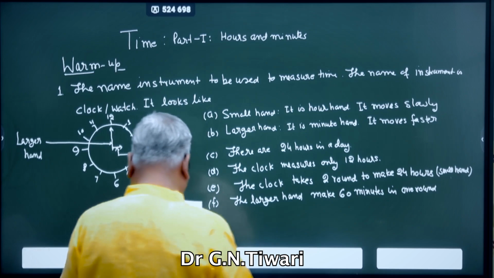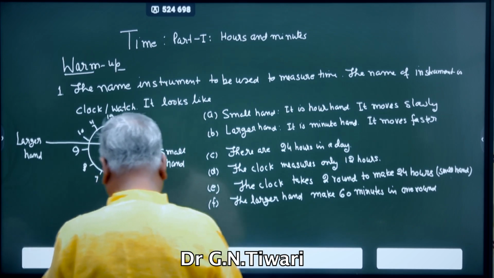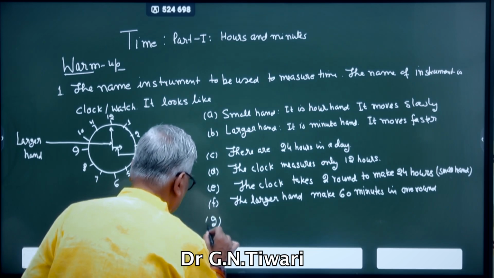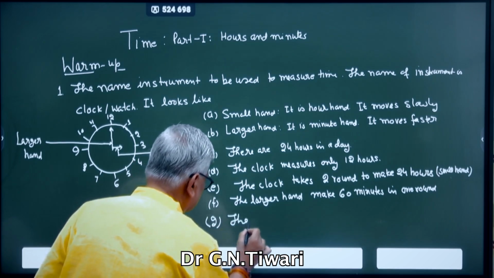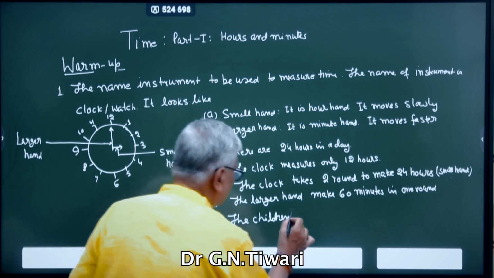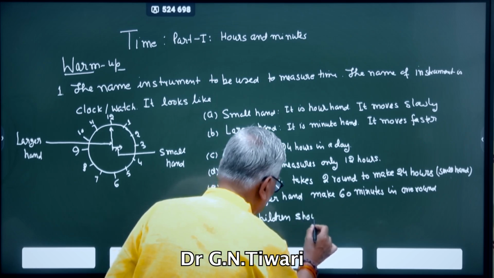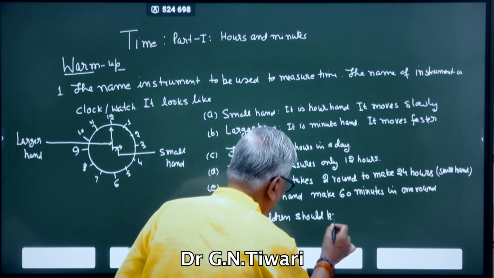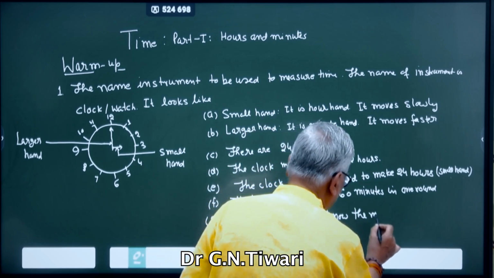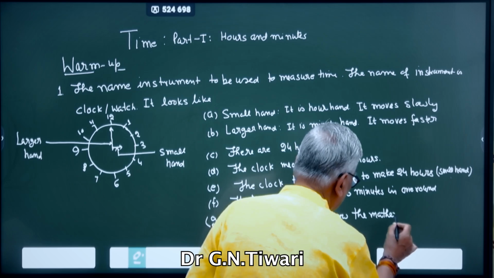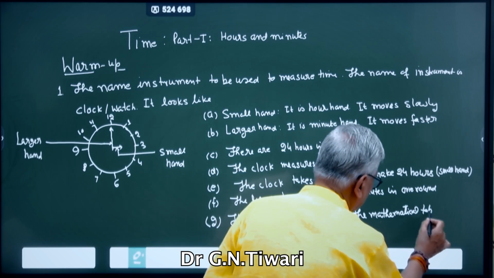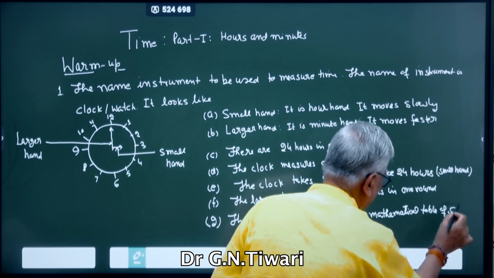So here you can also say, E, F, G: the children should know the mathematical table of 5.